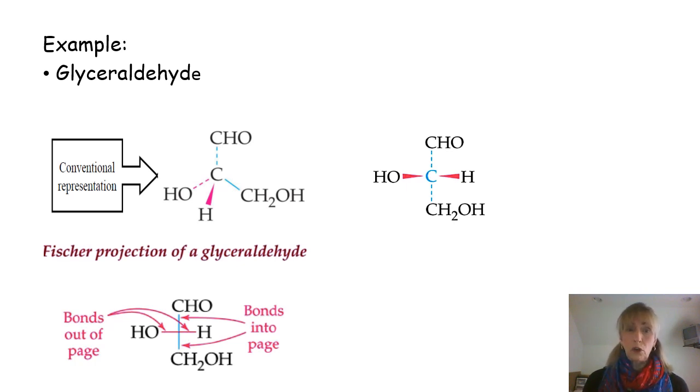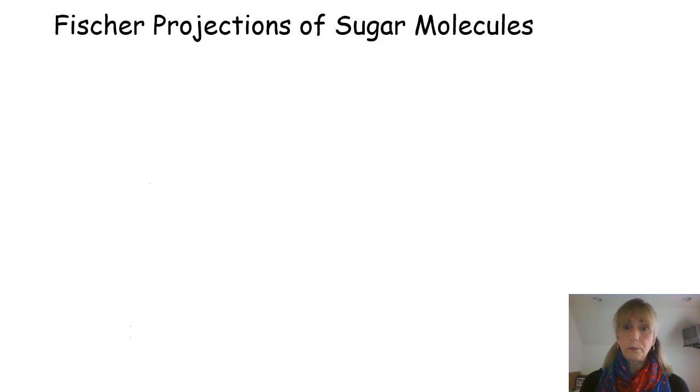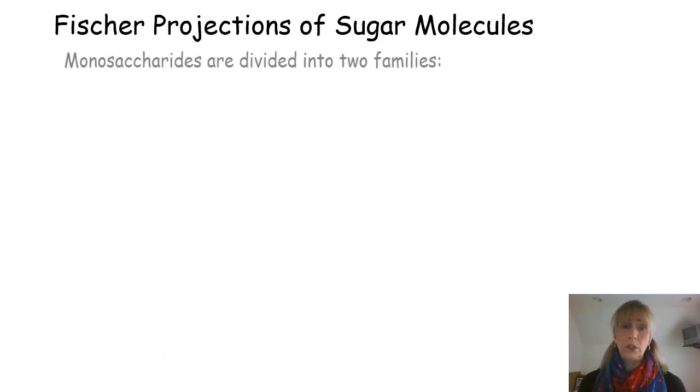Again, the horizontal ones are poking out at us, and that carbon is in the plane of the screen, and then our aldehyde and our CH2OH are going behind the plane of the screen. That's the Fischer projection. So when you see any monosaccharide written like this with just horizontal and vertical lines, that's what they mean. More Fischer projections of sugar molecules.